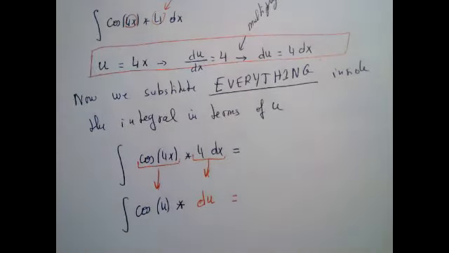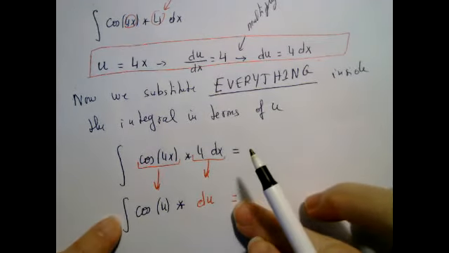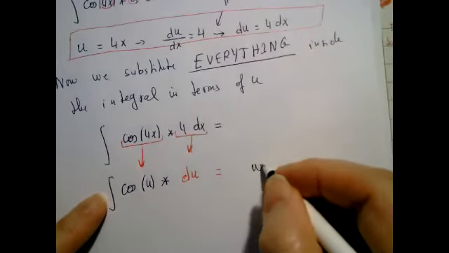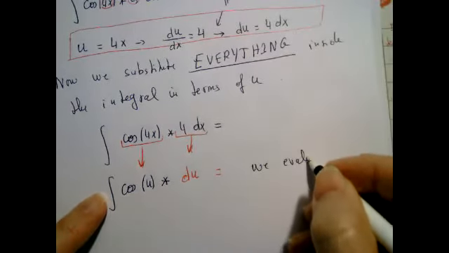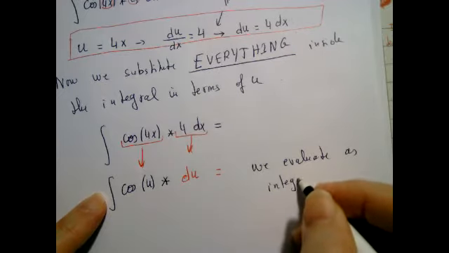Everything. I mean, x should not remain in here. Everything has to be in terms of u. Once I do that, I take this integral and I evaluate it as an integral in u alone.